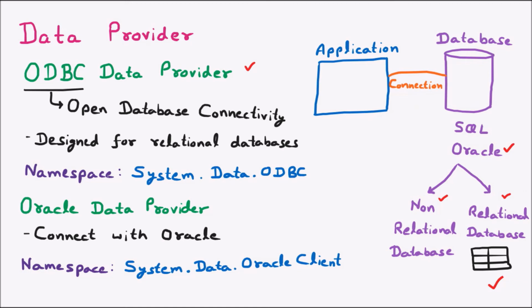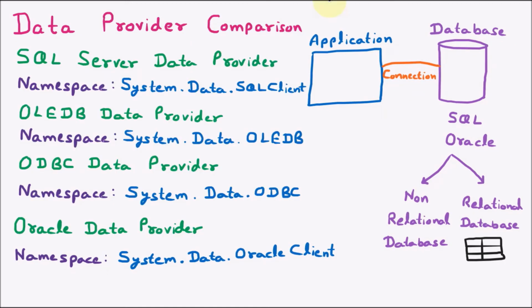Now we are taking a quick comparison between all the data providers. First of all, we should know that whenever we create a .NET application, we connect with the database, and that is called the database connection. Now, there are multiple types of databases available, just like SQL, Oracle, and Jet databases.